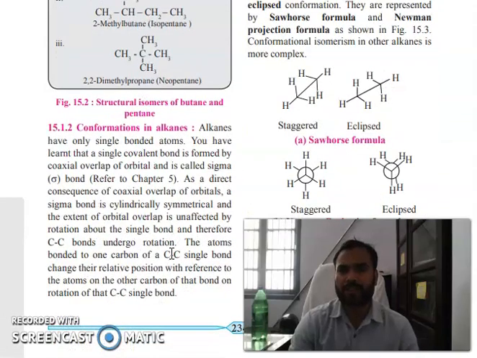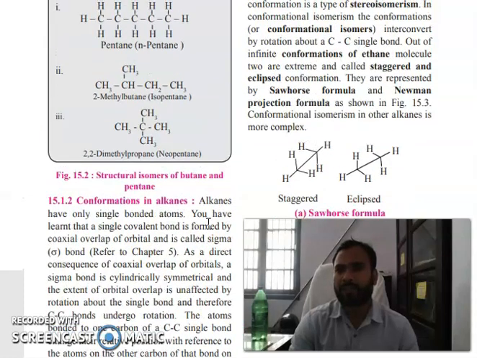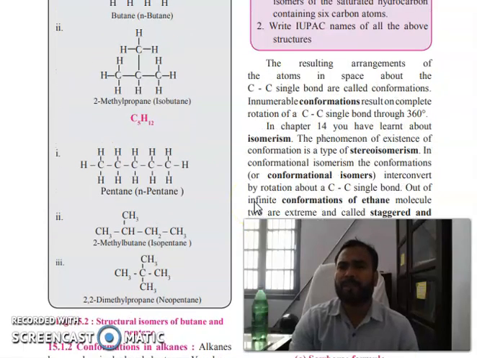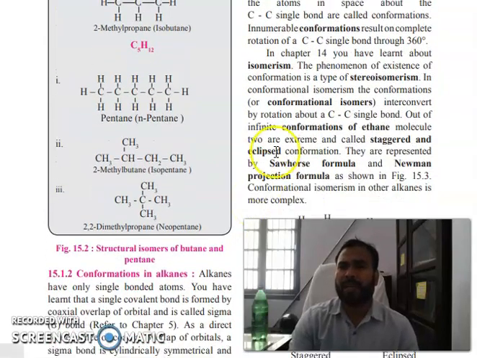Now conformations in alkane. Know the conformations. Look at here. Conformations about carbon-carbon single bonds. This is a stereoisomerism also, or conformational isomers. So it is represented in many ways.